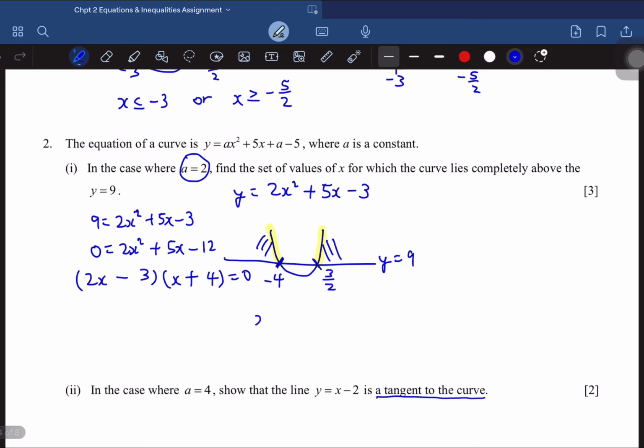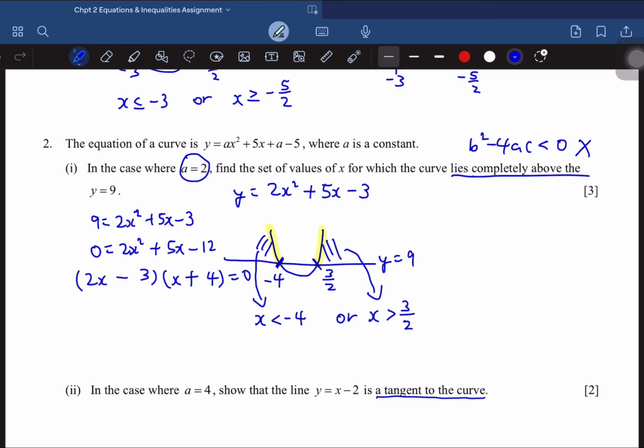Therefore the answer is x less than negative 4 or x greater than 3 over 2. So this is this region, this is this region. So don't always look at keywords and straight away say this is b squared minus 4ac less than 0. Please be mindful. We have to see the context of the questions.